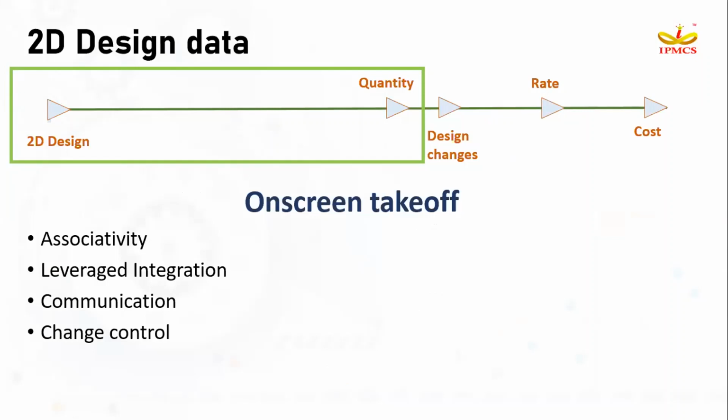Whatever changes you make in the drawing automatically reflect in our quantity. In that way, the bond between drawing and quantity is increased, which is not achievable with the conventional method. It also helps you work in a better integrated way, which improves your communication in quantity, and you can also have better change control over your drawings and quantities.